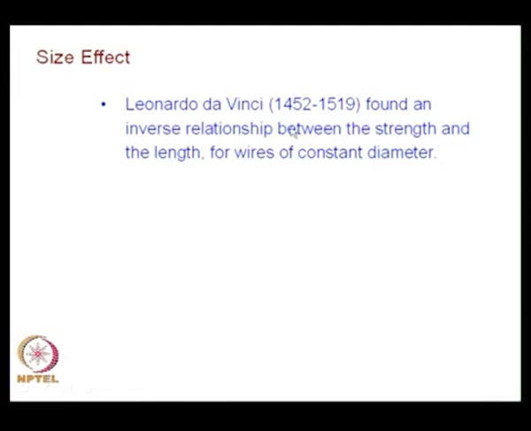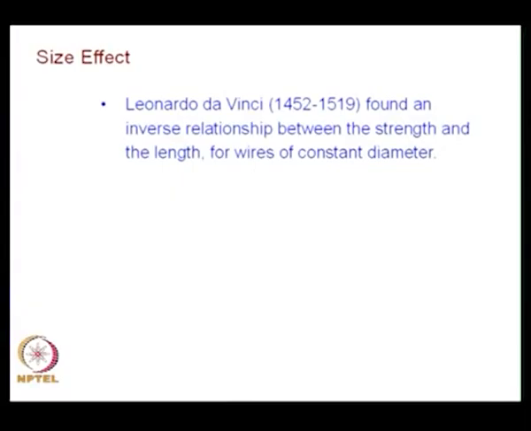He found an inverse relationship between the strength and the length for wires of constant diameter. See, there are two issues that you will have to look at. In the case of conventional spring design, if you look at the design books, you will find the yield strength for the same material when it is used as a wire is much higher than a bulk material. This is one aspect.